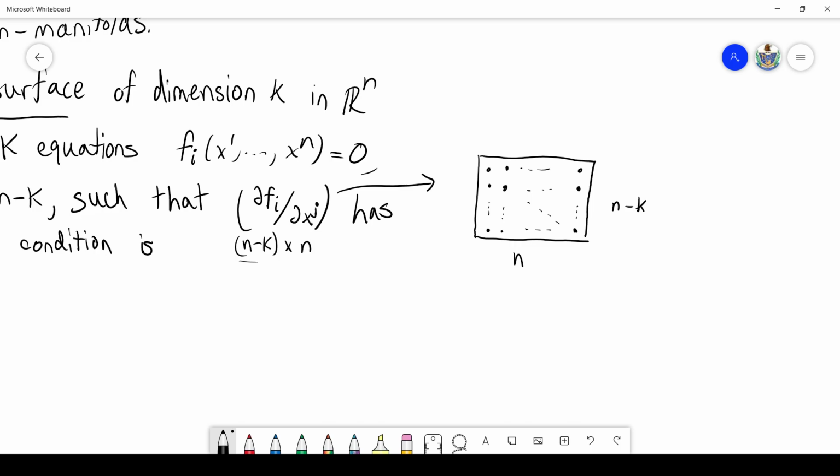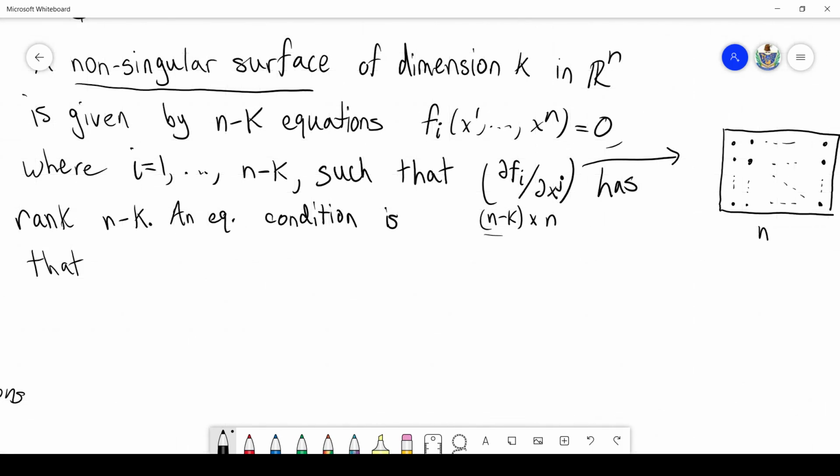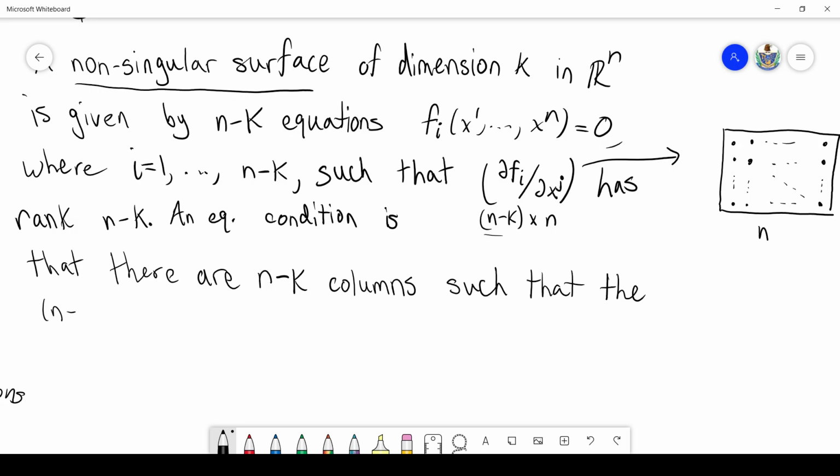An equivalent condition to this having maximal rank is saying that there are n minus k columns such that the n minus k by n minus k matrix has non-zero determinant.